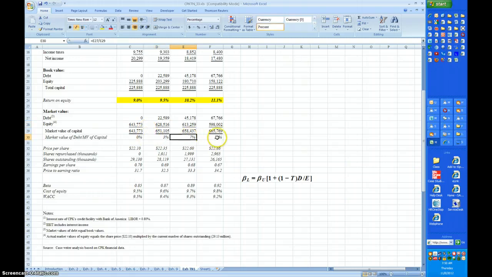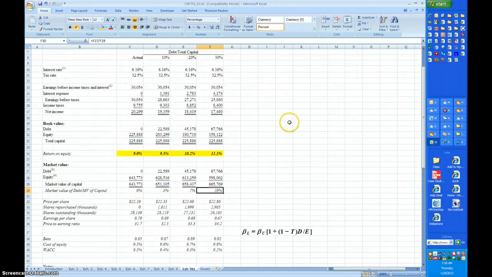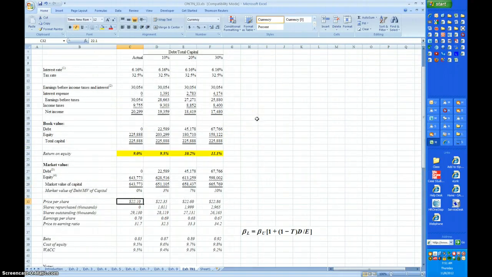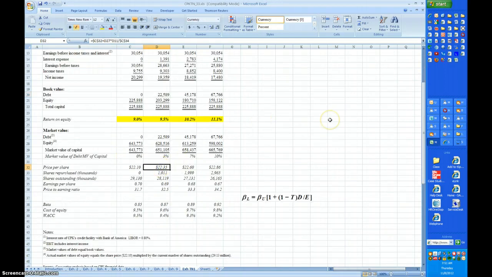So market value of debt to market value of capital gets up to 10% when debt to capital on a book basis goes all the way up to 30%. It just shows a healthy market to book ratio. But what happens to the share price? And this is the interesting one. At $22.10 a share, the original, by going out and borrowing this amount, again, the $22,589,000, the stock price goes up. Why is that the case?